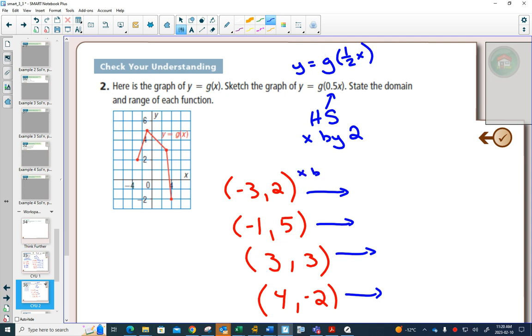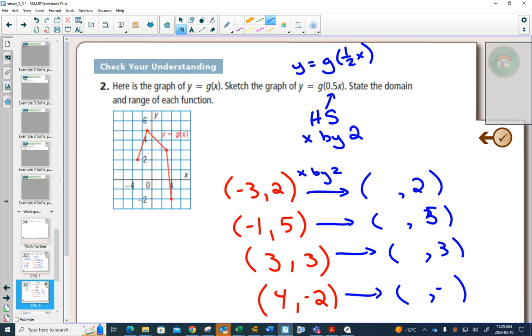Now above the arrow, the only thing we have to do is multiply our x coordinates by 2. That means our y coordinates are not going to change. And when we multiply our x coordinates by 2, we'll get -6, -2, 6, and 8.